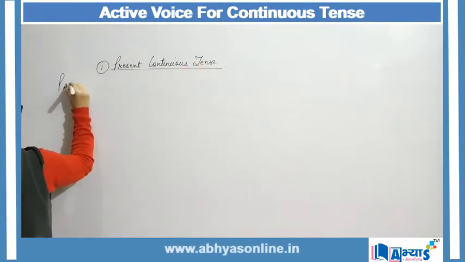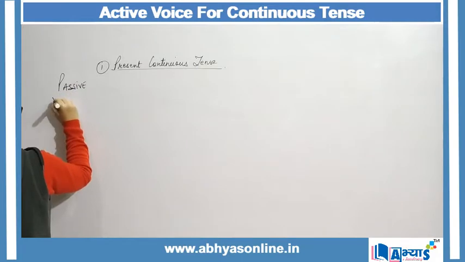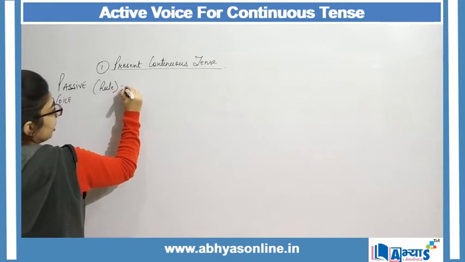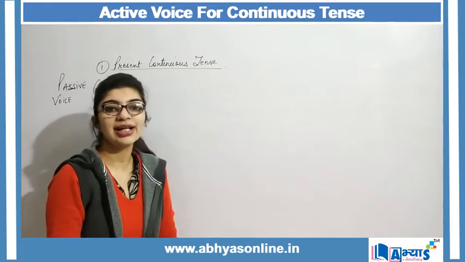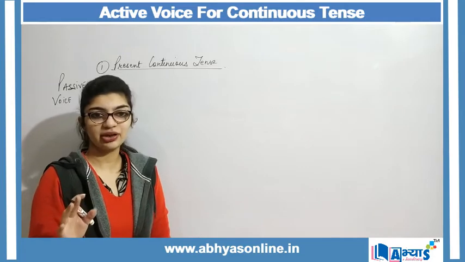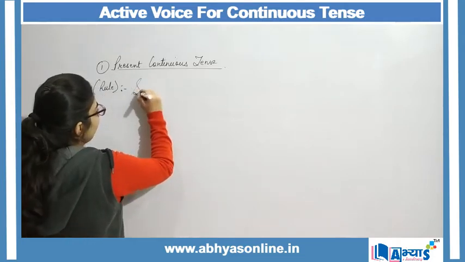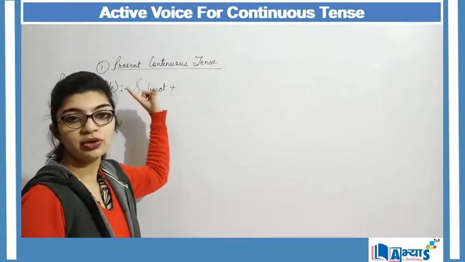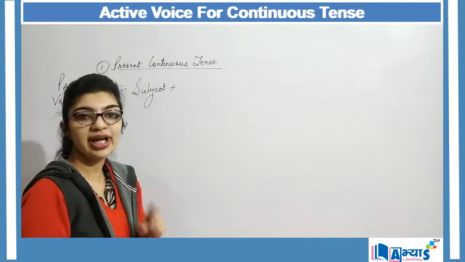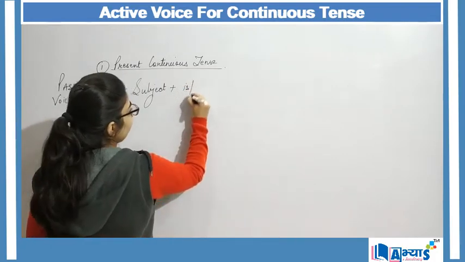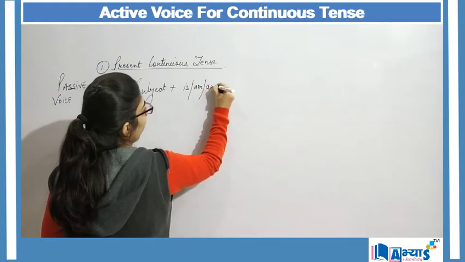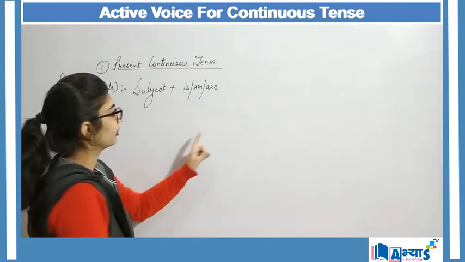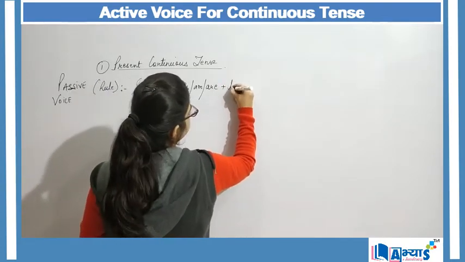So passive voice, the rule for present continuous tense is, we know that my subject is the beginning of the sentence, so I will say subject plus, if I am talking about present, then I will always use a helping word as is, am or are. Subject plus is, am, are plus being.